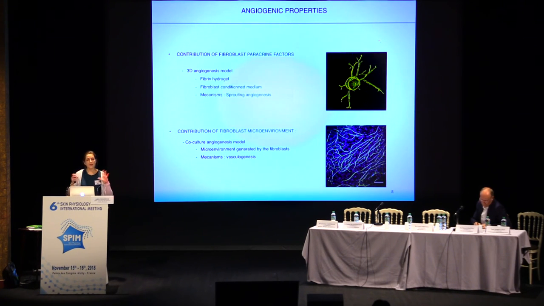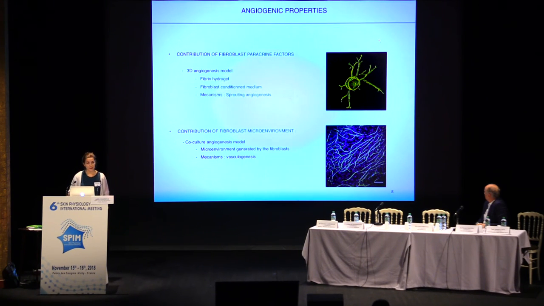So, using these cell cultures, we took a look at the angiogenic properties of these fibroblasts using 2 models. The first model allows us to study the contribution of fibroblasts' secreted factors. It's a 3D angiogenesis model in a fibrin gel, and we use fibroblast conditioned media. The formation of capillaries in this model is similar to sprouting angiogenesis.